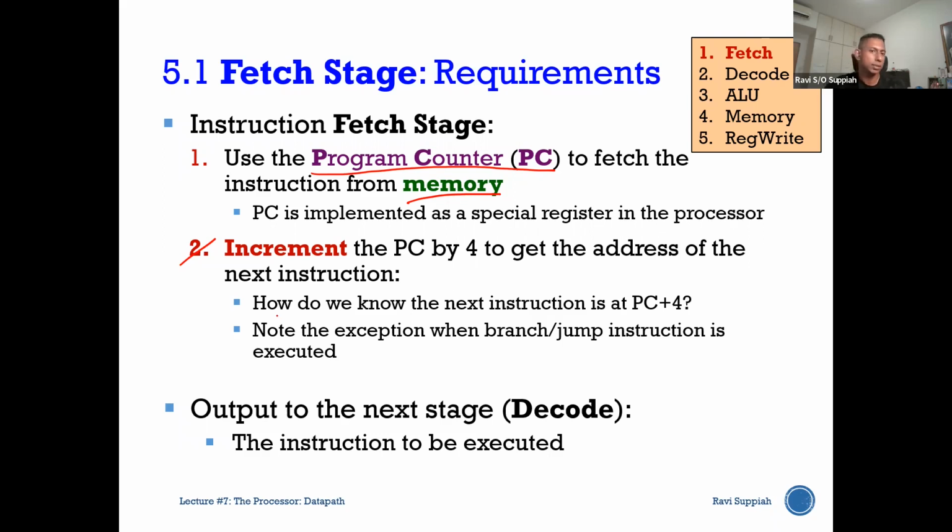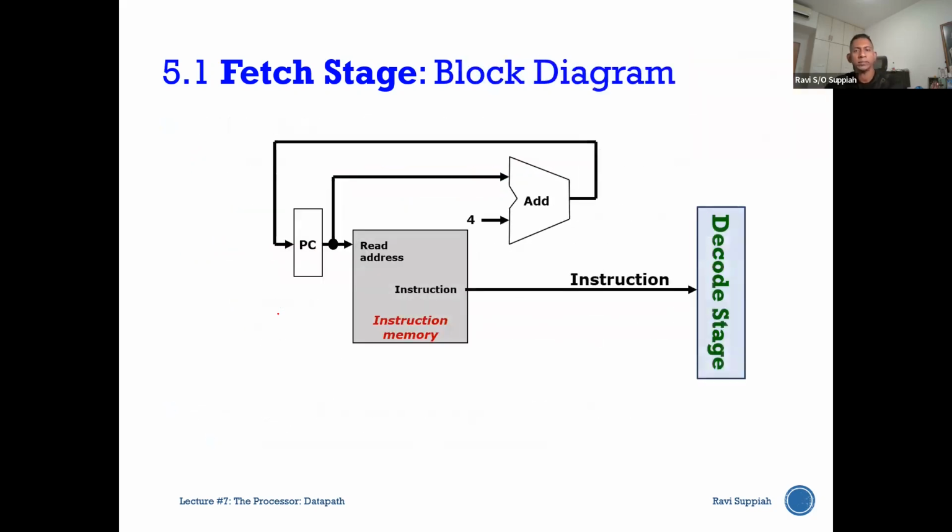Once we get the instruction in, we pass it on to the next stage, which is the decode stage. So let's look at how this fetch stage looks. In the fetch stage, you have a PC that points to the instruction memory. I provide this PC value, which will point to a particular address. What is instruction memory?